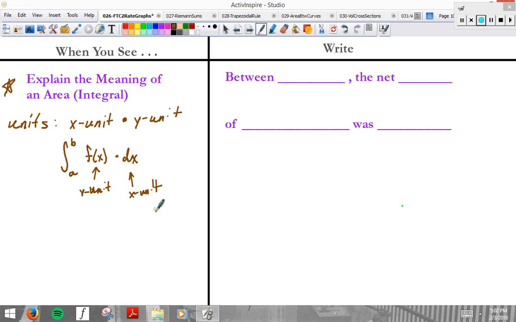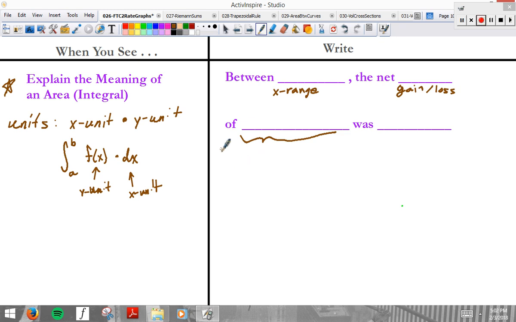So, between, and here we'll always have some sort of x range, the net gain or loss of, and this is very hard, but that's where we'll say the accumulated value.